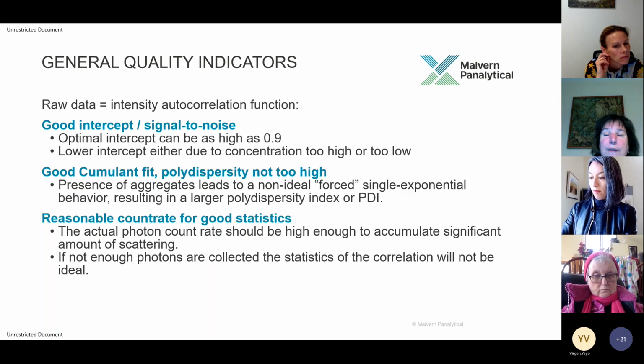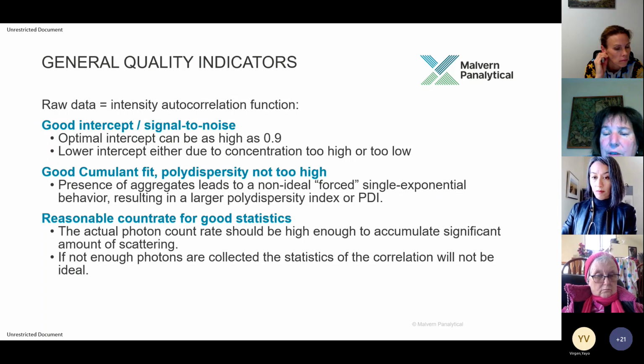If you have a bimodal distribution, there are times when the software will flag it and say there's a poor cumulant fit. But if your sample is truly bimodal, then you will still have a good distribution fit, and that data is fine.